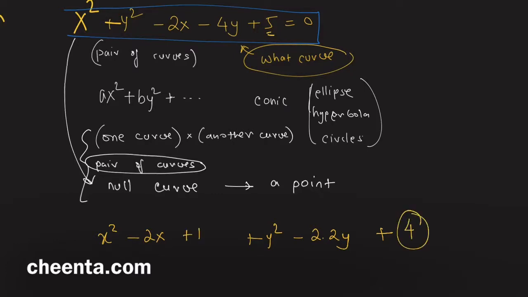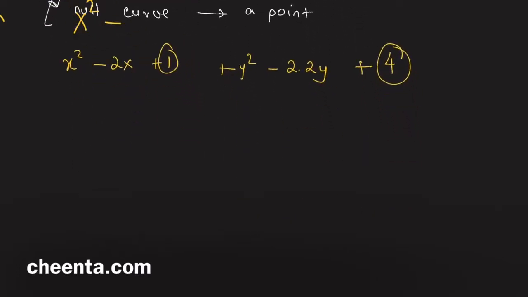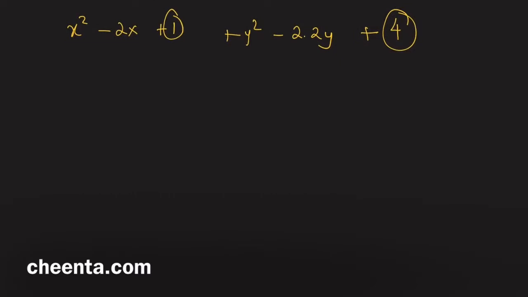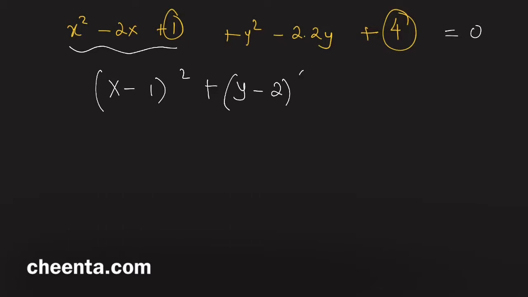So 5 can be written as 4 plus 1. So I'll just put this here. So this is the old equation just written in a different way, and this is equal to 0. So this is x minus 1 whole square plus y minus 2 whole square equal to 0.